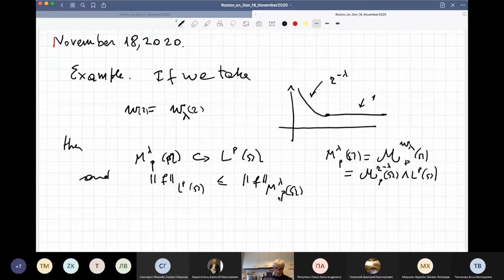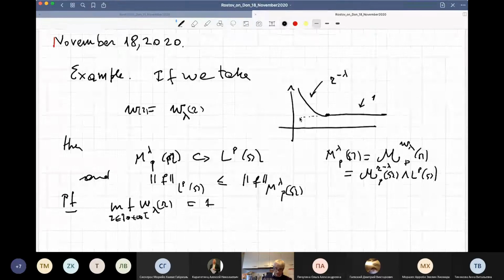Okay, so why the proof, if you wish, just because the infimum of W lambda R in 0 to plus infinity is very trivial. It's equal to 1, because this function here was 1.